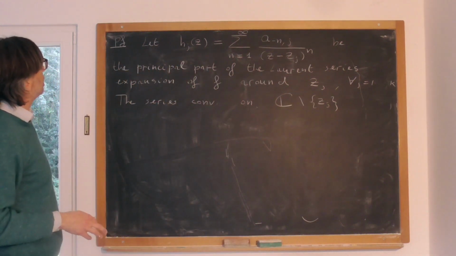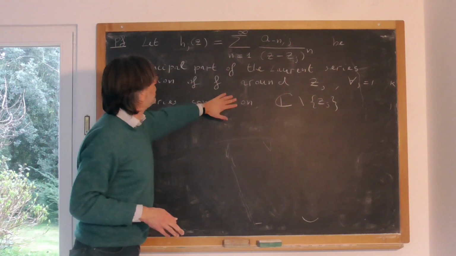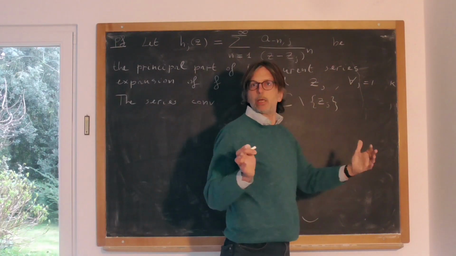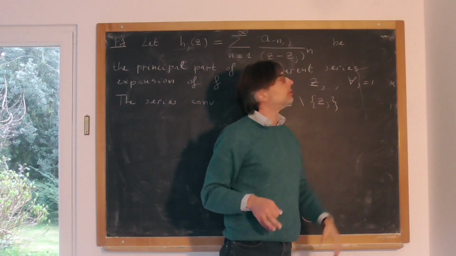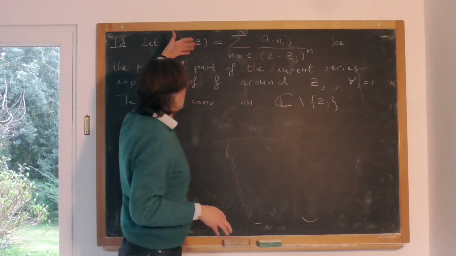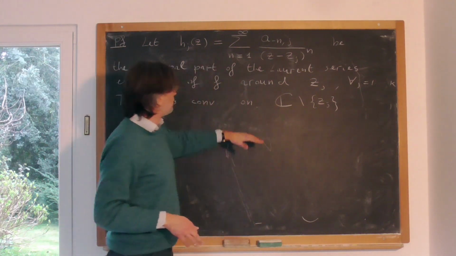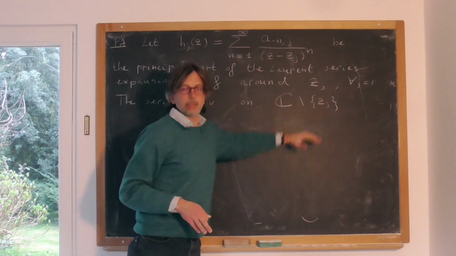So the principal part will converge here. It's the regular part which instead could converge on a smaller disk. And so the whole Laurent series maybe doesn't converge here, but the principal part does.